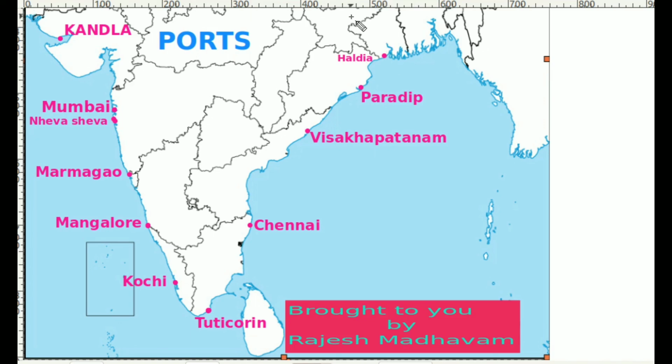And also another very important port, it is Kolkata in West Bengal. Kolkata port in West Bengal. Haldia and Kolkata are two very important ports, also just about 120 kilometers away in between. The distance is almost 120 kilometers. Haldia and Kolkata, very important ports in West Bengal.